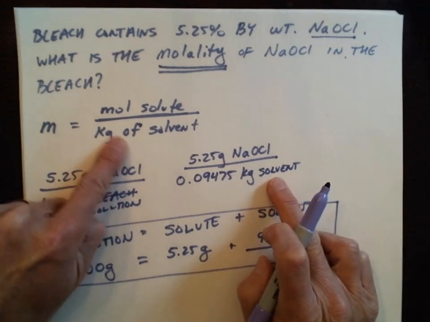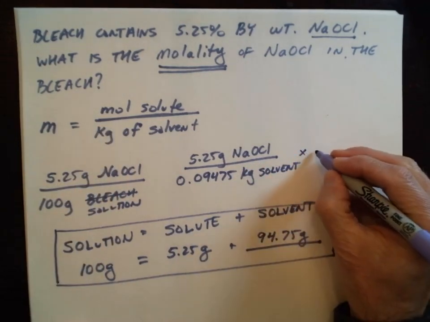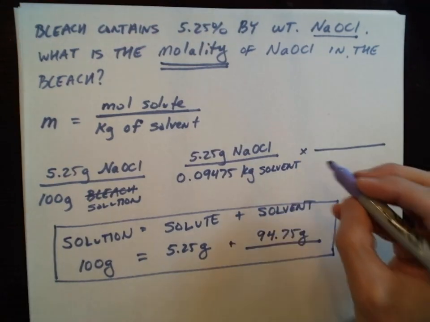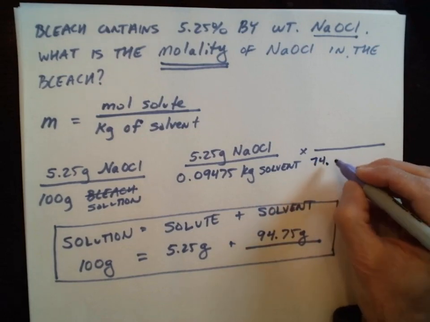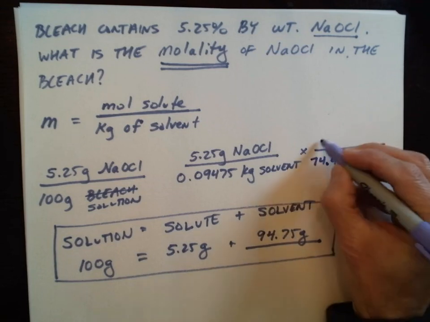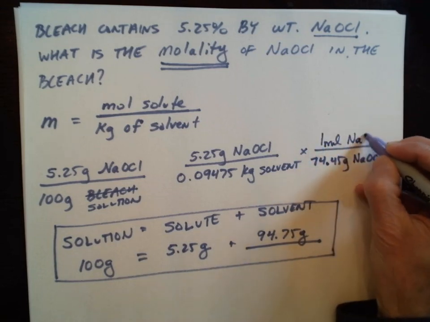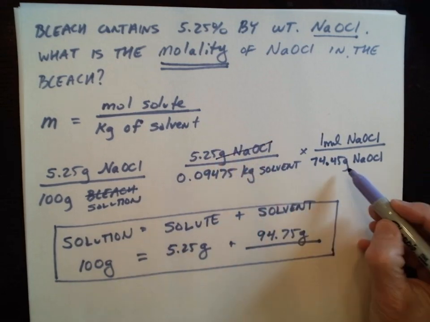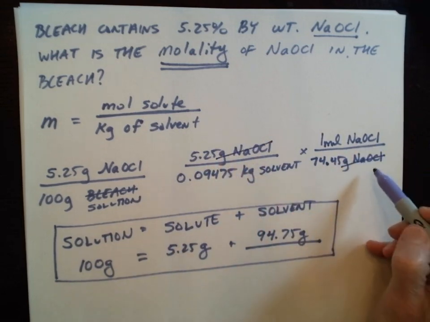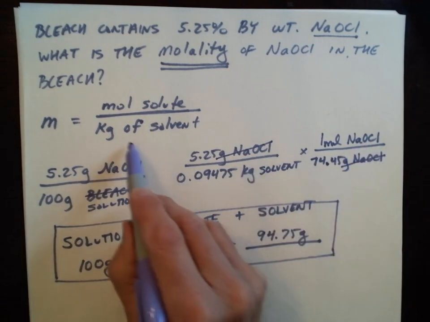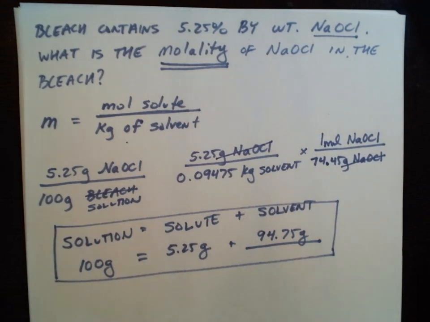Now my denominator's right. All I got to get is my numerator correct, and we know how to do that because we're going to remember that the molar mass of sodium hypochlorite is 74.45 grams sodium hypochlorite for every mole of sodium hypochlorite. So I've converted my grams of sodium hypochlorite to moles of sodium hypochlorite on the numerator. My units now are going to be moles of my solute per kilogram of solvent, which is what we want. And now that's all that's left to do is the arithmetic.